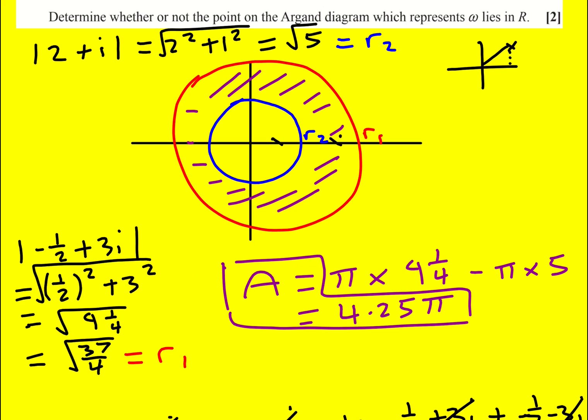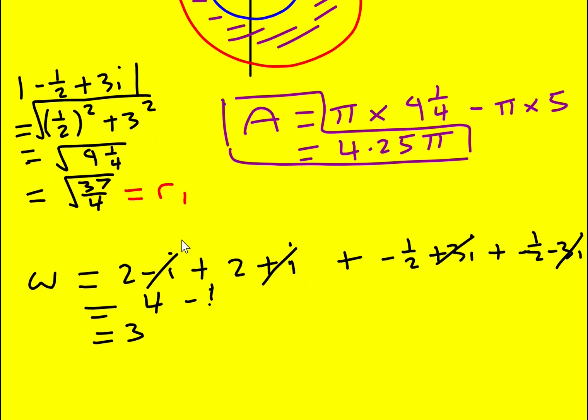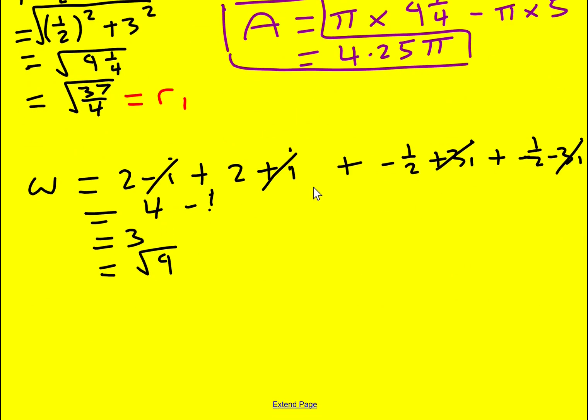Is it in here? Remember, I'm putting it along the real axis, or is it outside? Well, we can compare it with the radii, and we could even write it as root 9. That's probably the best thing to do, because then we can compare more directly with the square roots. The first radius was root 5, and root 9 is bigger than that.